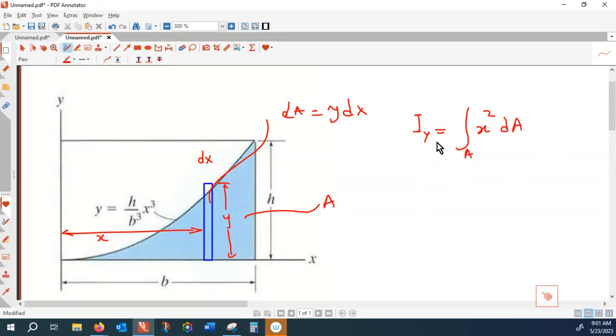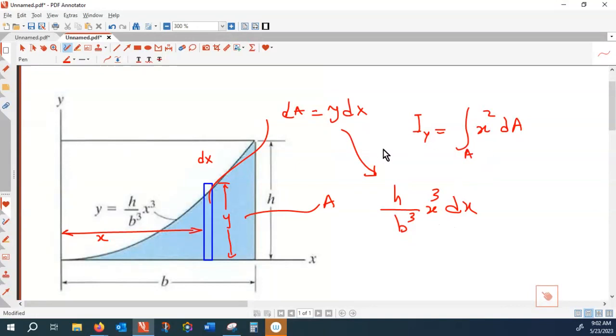Let me write dA. dA is y multiplied by dx, that is h over b cubed, x cubed, multiplied by dx. That is my dA.